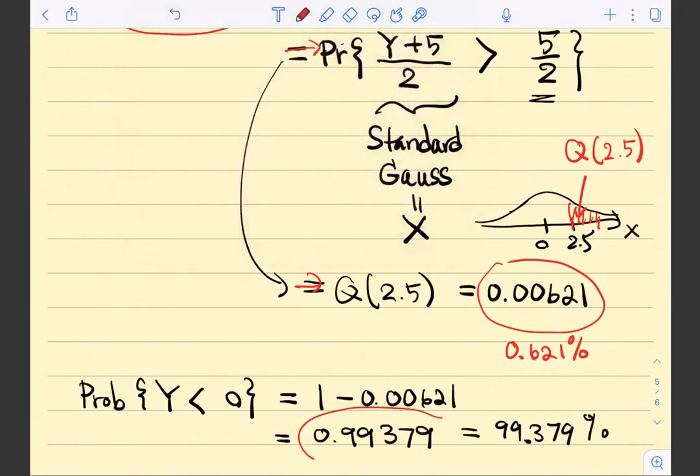So that's the answer. Okay, anyone has any questions here? So you can use this table of Q functions to find the probability of any Gaussian random variable, in theory.